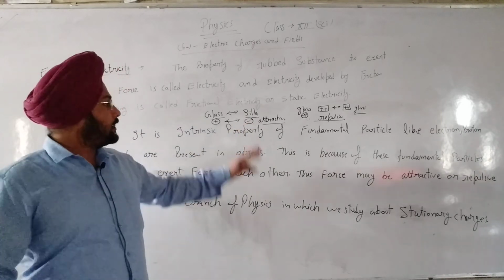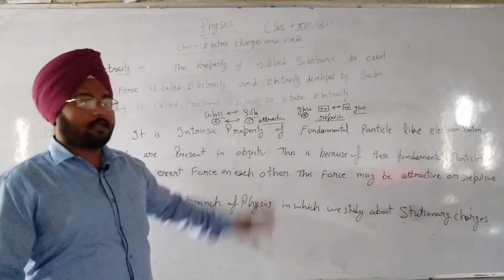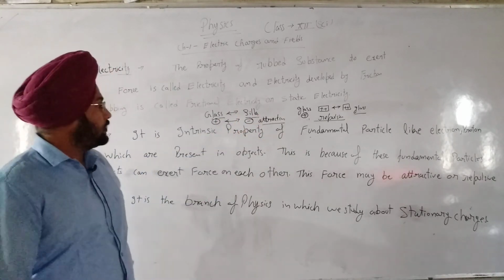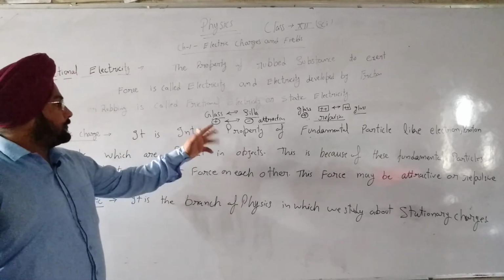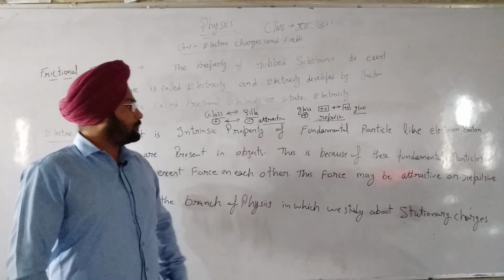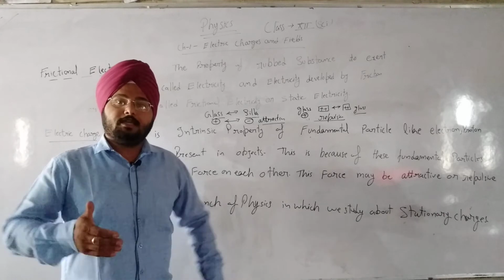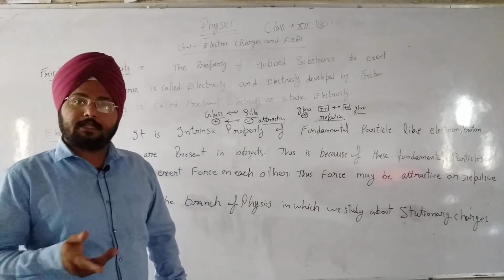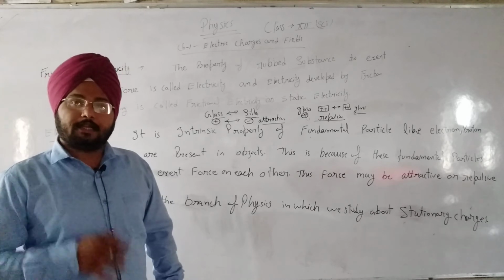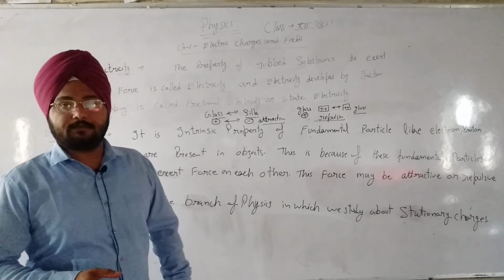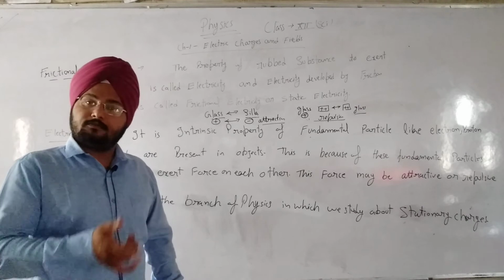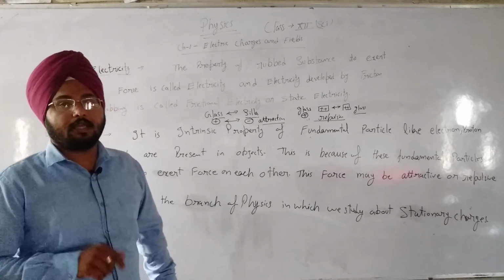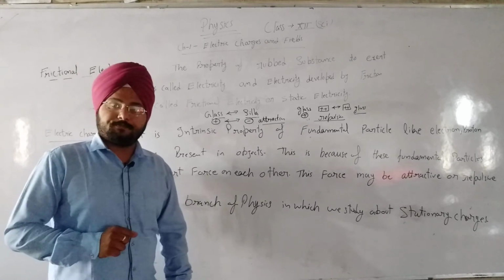Because the electrons are transferred from the glass to the silk material. Now similarly we have the two types, positive and negative. Why does glass become positive or silk become negative? I have answered that: due to transfer of electrons. जिसके पास ज्यादा इलेक्ट्रॉन वो नेगेटिव बन जाएगा और जिसके पास कम इलेक्ट्रॉन होंगे that will become positive.